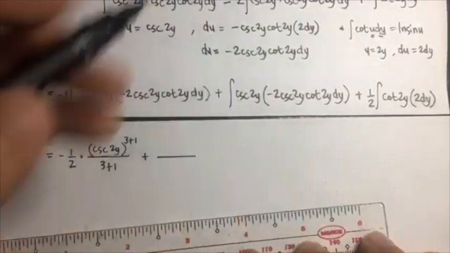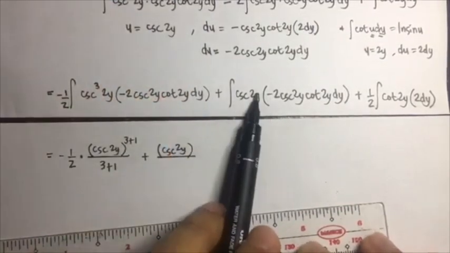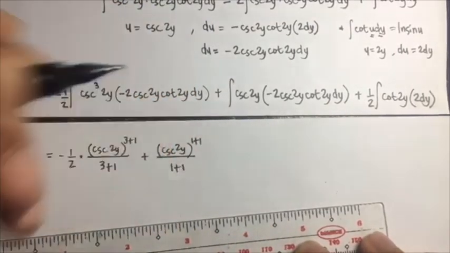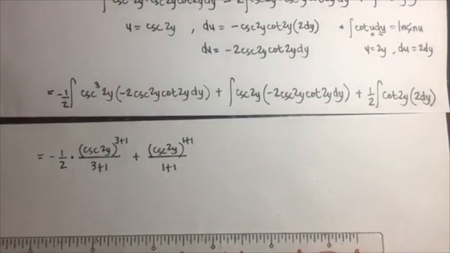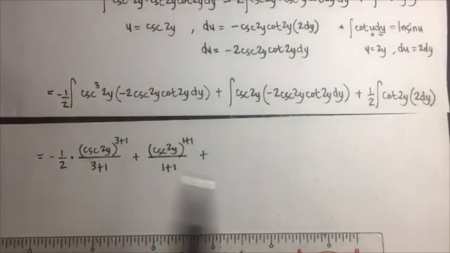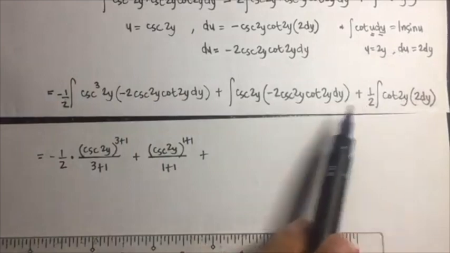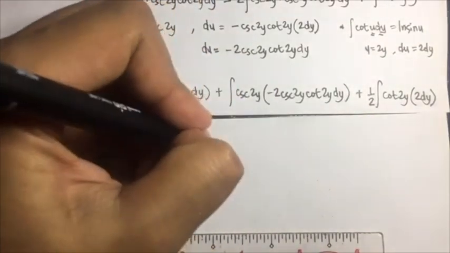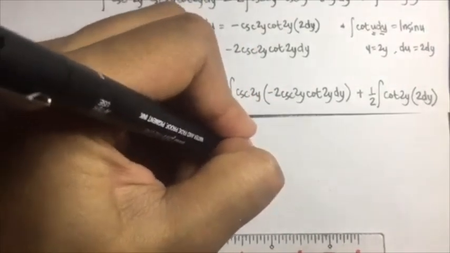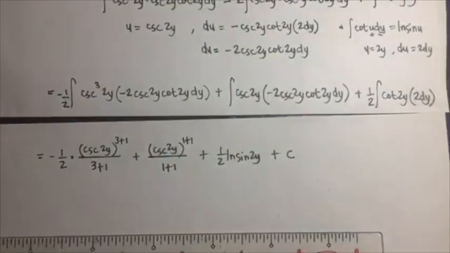So our u is still cosecant 2y. Our n in here is equal to 1, so therefore raised to 1 plus 1 over 1 plus 1, and then plus integral of cotangent 2y is ln of sine 2y, and then we have here 1/2, so 1/2 ln of sine 2y, and then plus c.